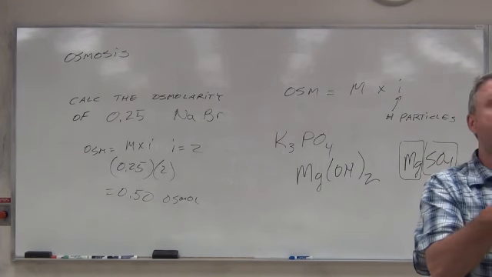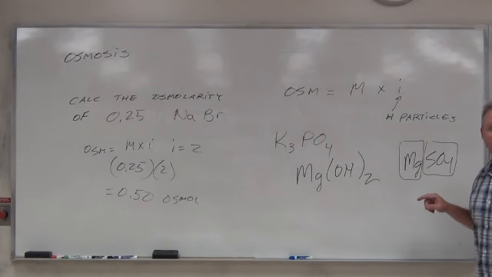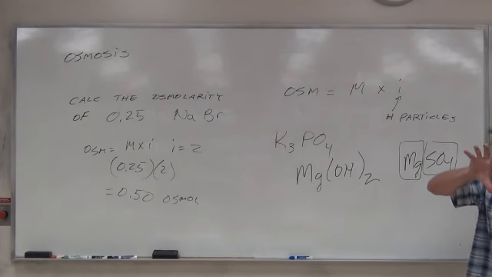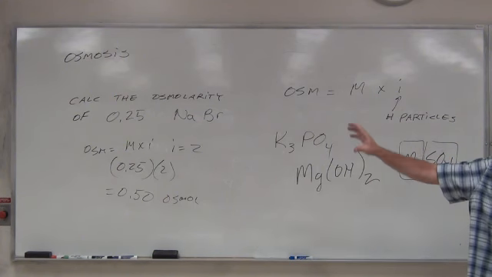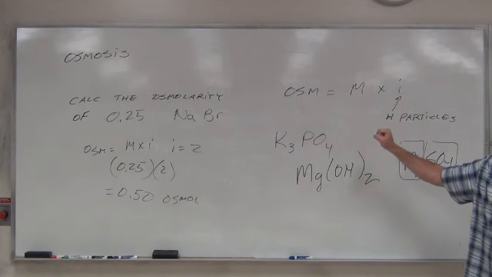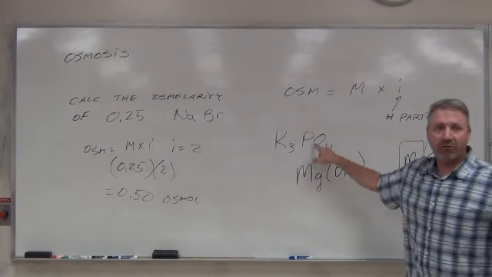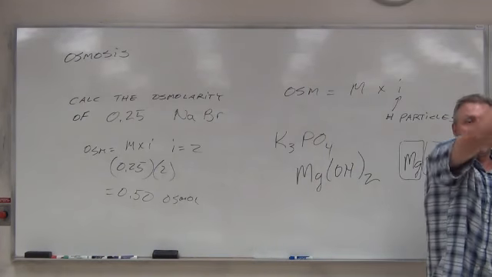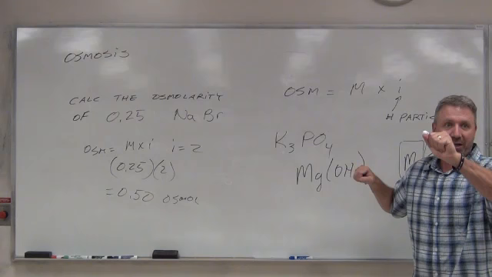It just depends on how many you have. SO4 is considered 1 particle because the sulfur and the 4 oxygens float around together as one unit. So it only counts as one blob floating around. The magnesium only counts as one.